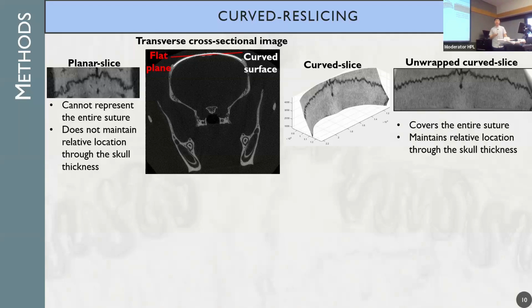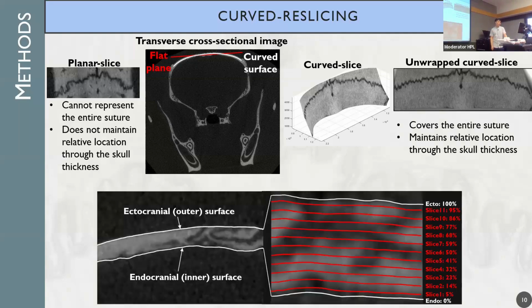And now it can cover the entire length of the suture, and it maintains the relative location through the skull thickness. So I created 11 curved slices between the outer and inner surface of the skull, and basically it covered the inner 90% of the skull thickness.